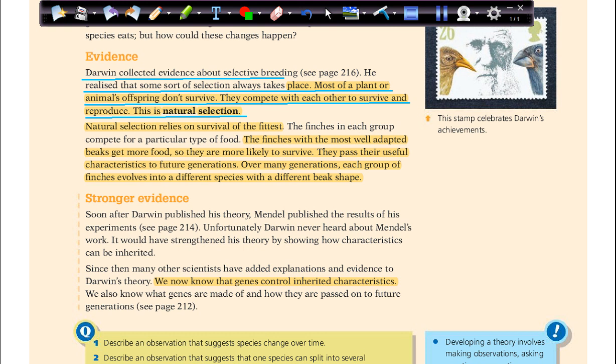So Darwin was collecting evidence about this selective breeding, and he said that some sort of selection always takes place. So this is like selective breeding, but it's natural selection. The strong ones will survive and the weak ones will die.